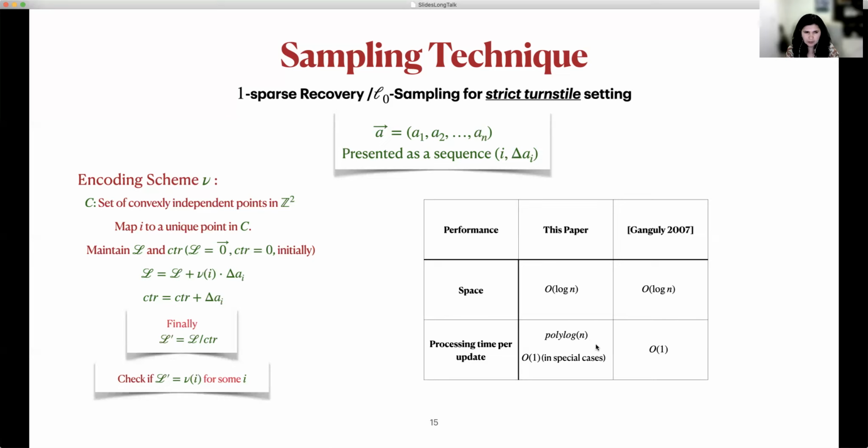But in the case of graphs, it is order 1 because we can pre-compute the encodings of all the vertices, because the vertices of the graph are known to the algorithm. So we don't need to recompute the encoding every time we see an update.